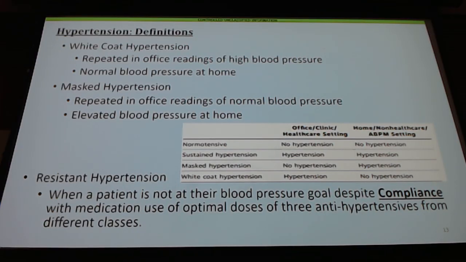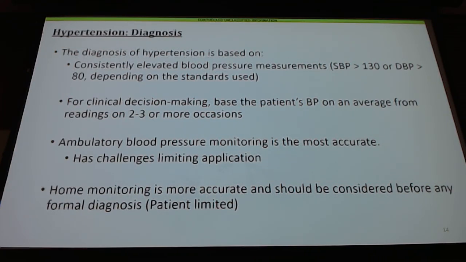And then the last term I want to talk about is resistant hypertension, where despite being on appropriate medications, appropriate dosages, and they are compliant, meaning they are taking their medications as they should be taken, they still have elevated blood pressures. Resistant hypertension should probably make you think that something else is going on, and blood pressure is not the only thing that needs to be addressed in these patients.